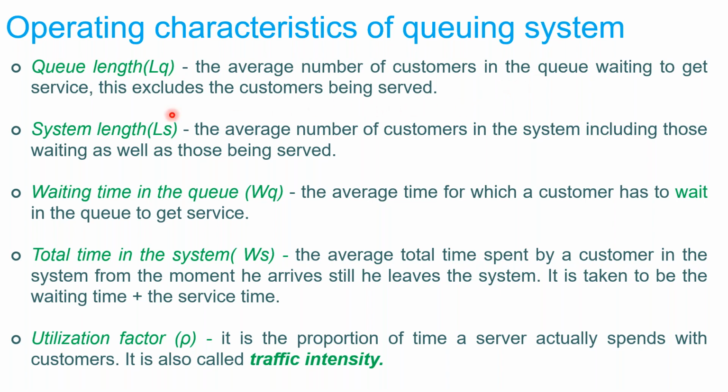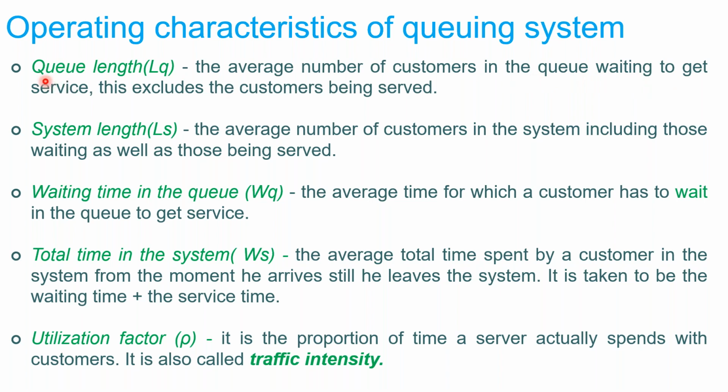Okay, there are two types of customers in our queuing system. One is a customer that is being served. The services are being provided to that customer. He or she is not waiting there, and there is another customer who is in the waiting line.